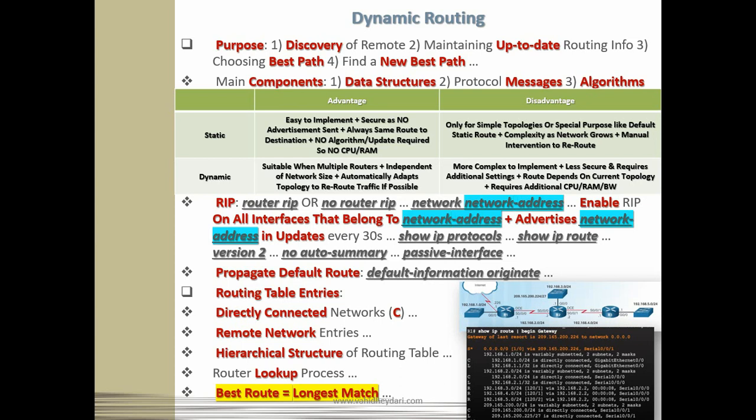Next step is to analyze routing table entries. We already have seen a host route is an IPv4 address with a 32-bit mask, or in case of IPv6, we have an IPv6 address with a 128-bit mask.